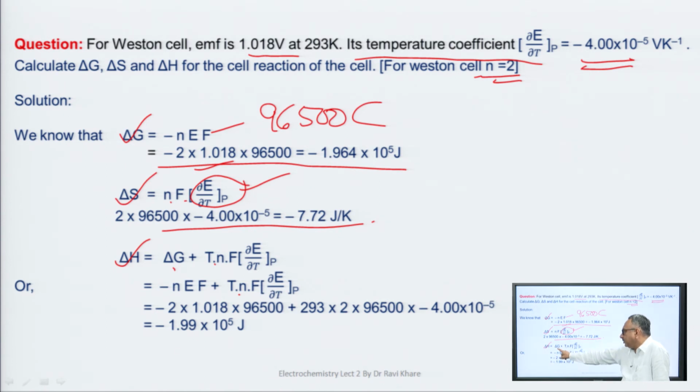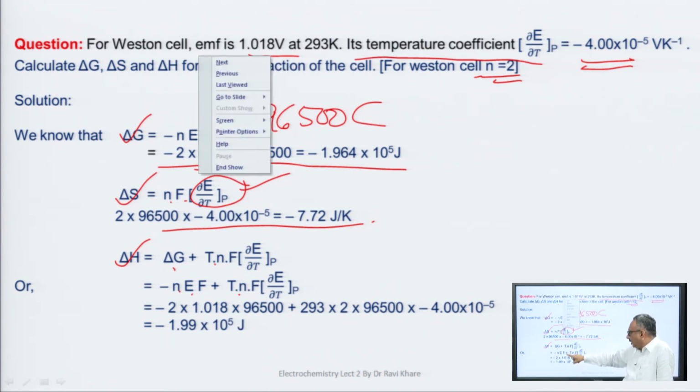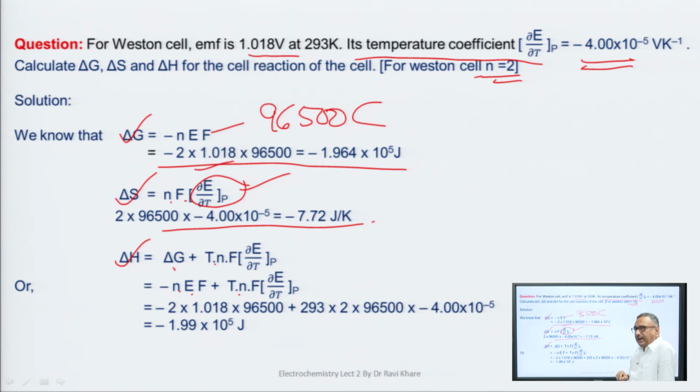Delta G is equal to minus nEF, where n is 2, E is 1.018 volt, F is 96500 coulombs, T is 293 K, n is 2, F is 96500, and this value is already given. Put the values in this formula and simplify, and you will get the answer. This is the desired answer.